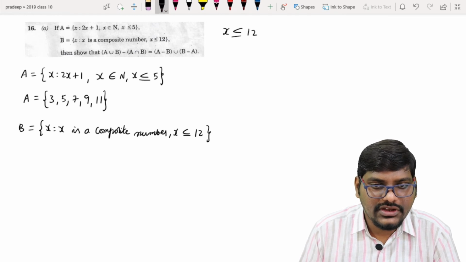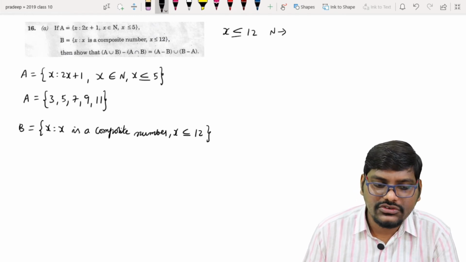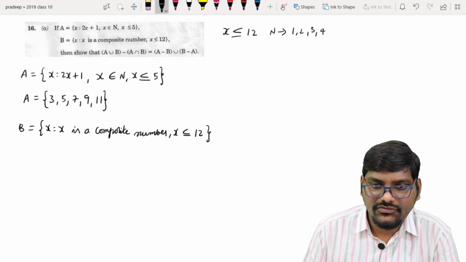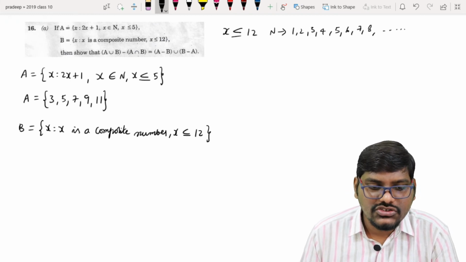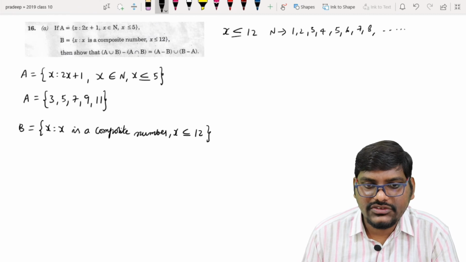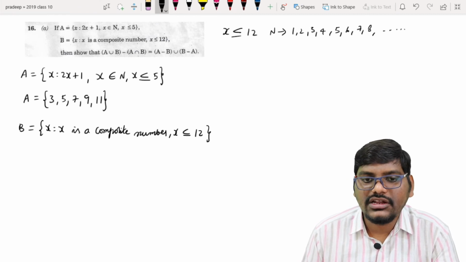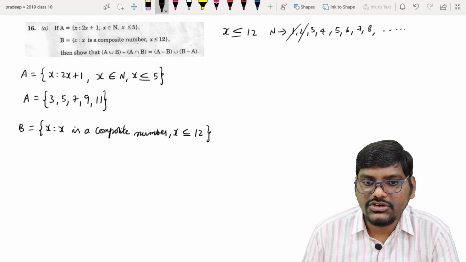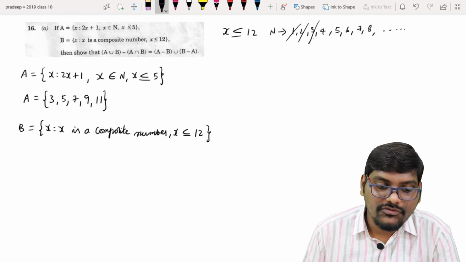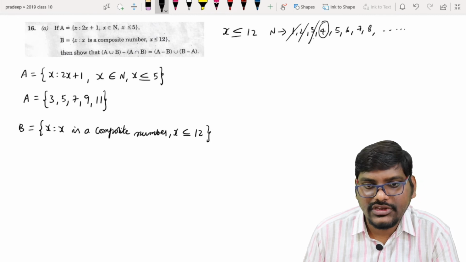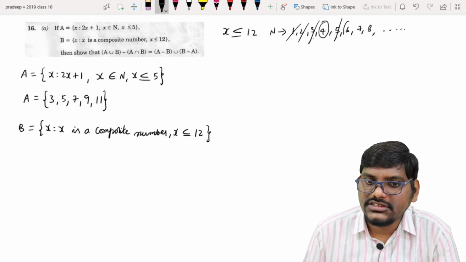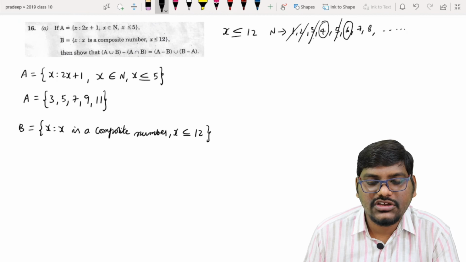If we take the natural numbers, we start from 1, 2, 3, 4, 5, 6, 7, 8, and so on. Now let's check which are prime numbers. 1 is considered prime here, 2 is prime, 3 is prime, but 4 is not a prime number, so it is composite. Then 5 is prime, 6 is not prime so it is composite.